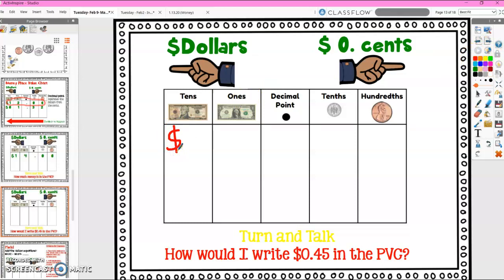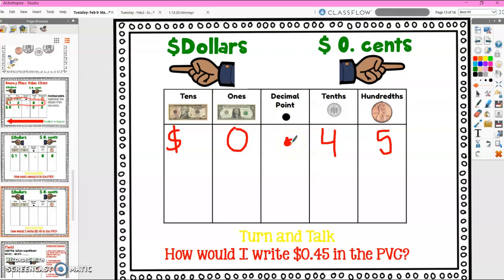Next, I'm going to see what comes right after the dollar sign. So I know that there is no number in the tens place, but I do see that there is a 0 right next to the decimal point. So 0, decimal point. What comes right after the decimal point? 4. What comes right after 4? 5. What will really help you is lining up your decimal point.